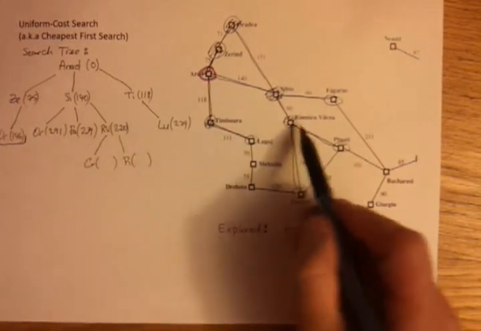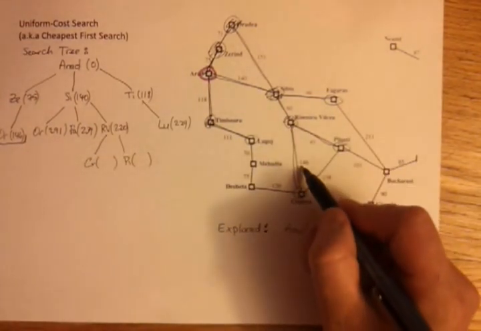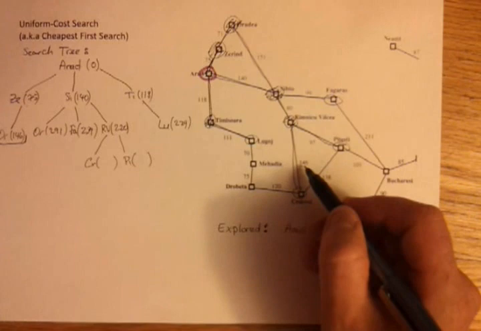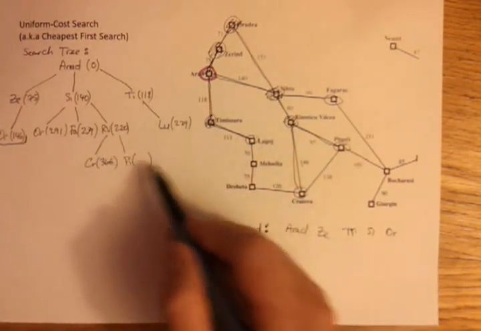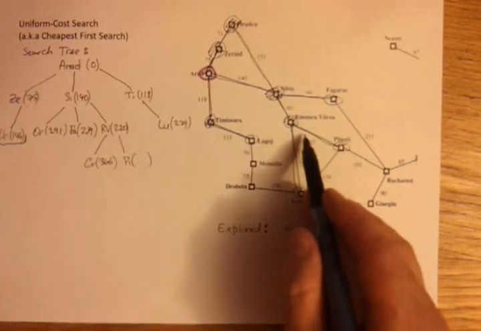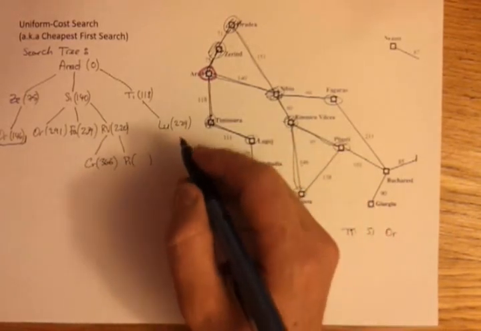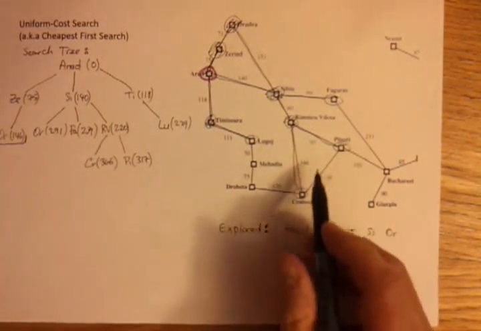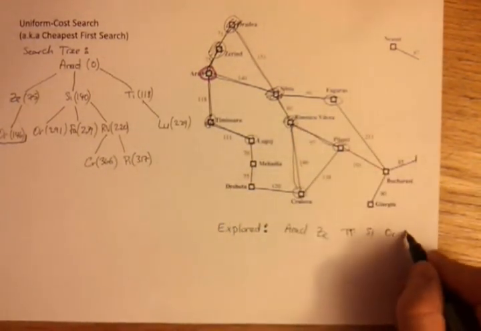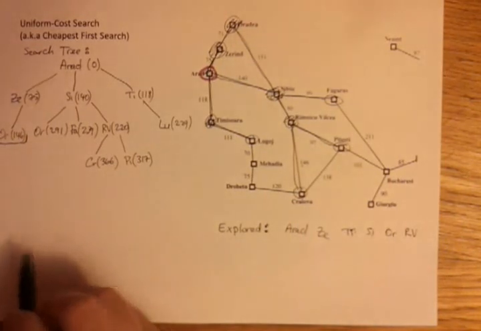And again the cost is 220 plus, for CR, another 146, which gives us 366. And for PI, it's 220 plus another 97, which is 317. And that's ORV expanded.